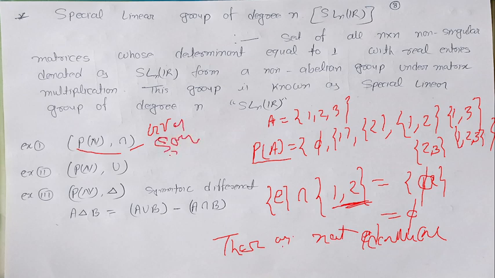This forms a semigroup, but it does not form a monoid. Monoid fails, as well as group also fails.